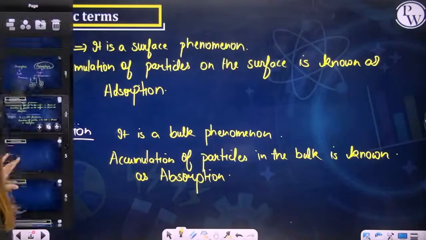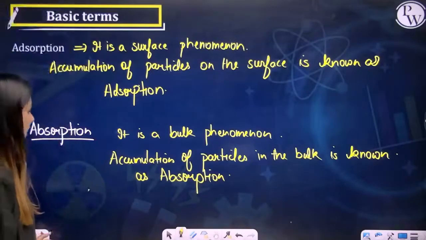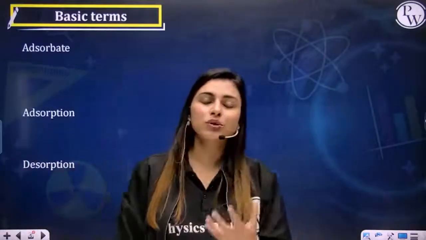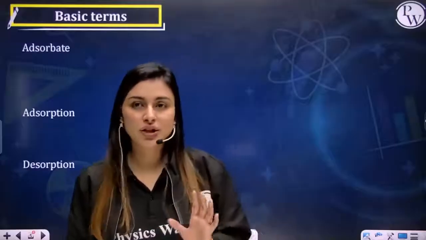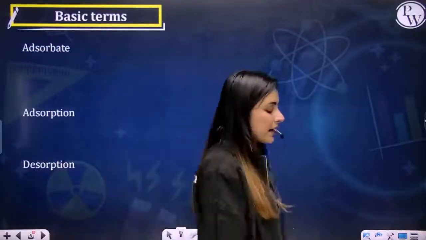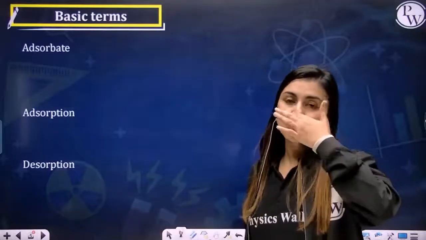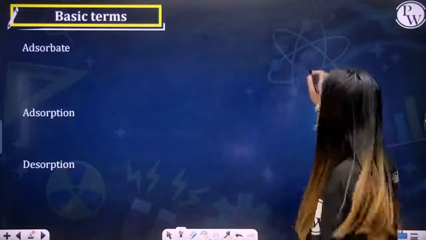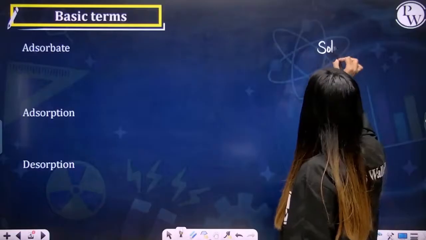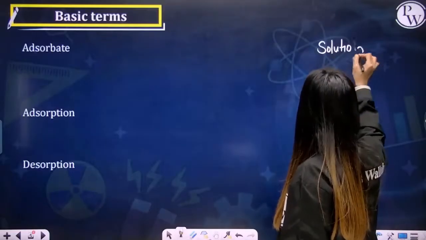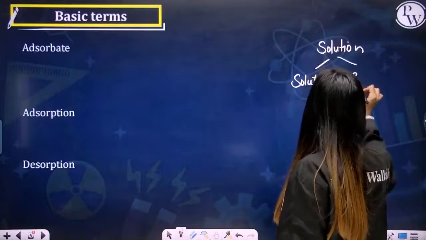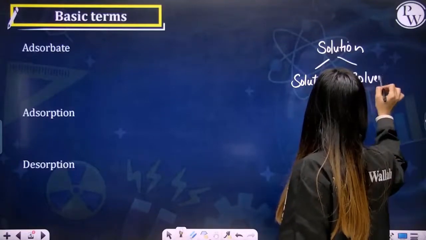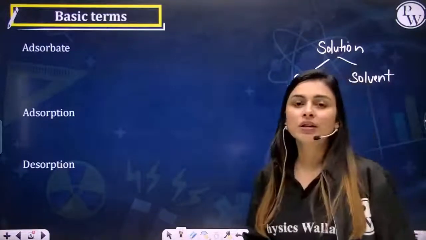Okay, I hope you've written it. Now, my dear students, there are a few terminologies which we'll be using again and again. So you need to have a better understanding of each terminology. The first is adsorbate. So how can you understand adsorbate and adsorbent? I hope all of you know how a solution is made. A solution is made by a solute and a solvent. When you add solute to the solvent, your solution is made.